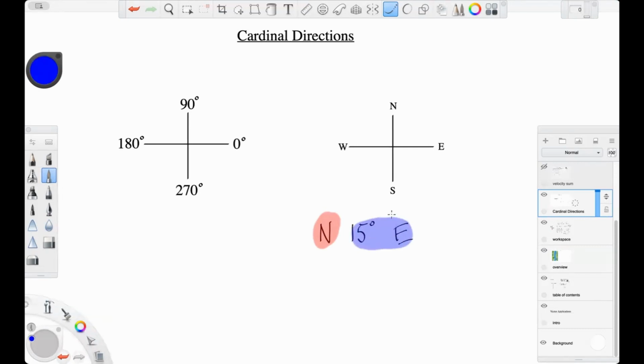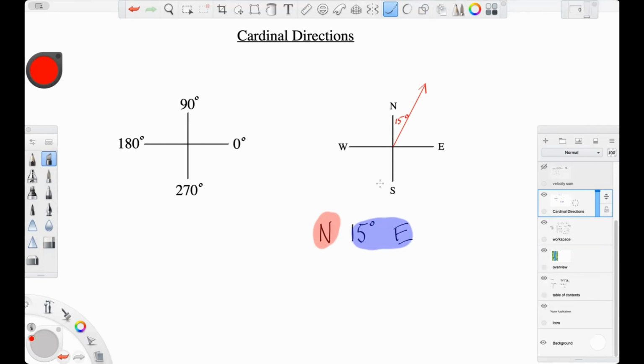So these second two things come as a package, right? So the way that we would chart this then is we would say that from the origin, it's mostly to the north, but then there's a 15-degree offset to the east. So this direction of travel is actually going to look like this, where there's a 15-degree angle right here, right? So this is how we would describe a cardinal direction.